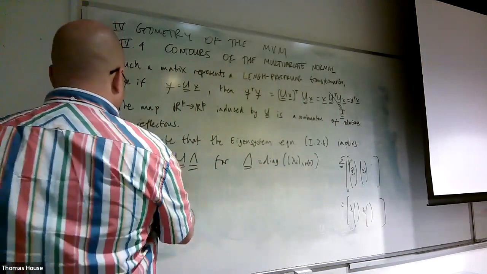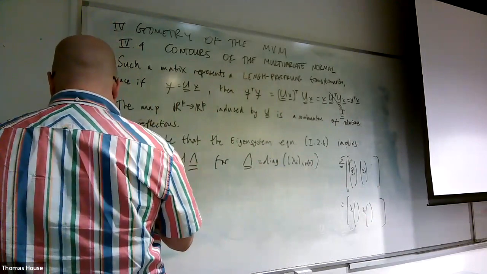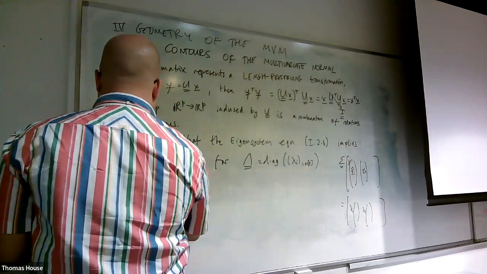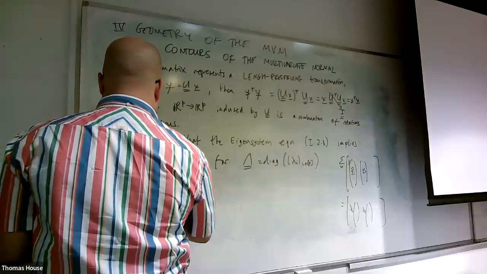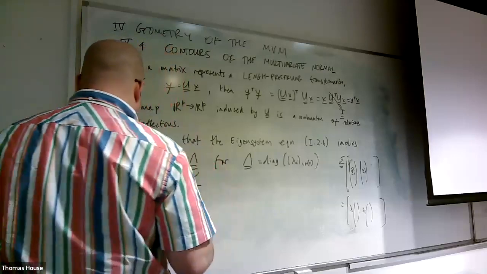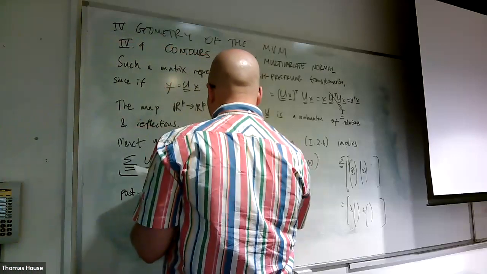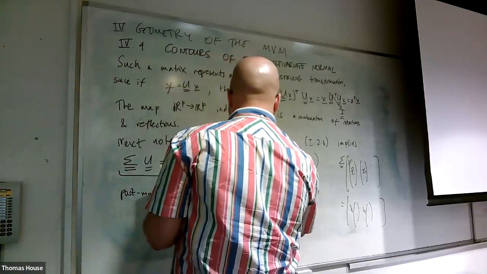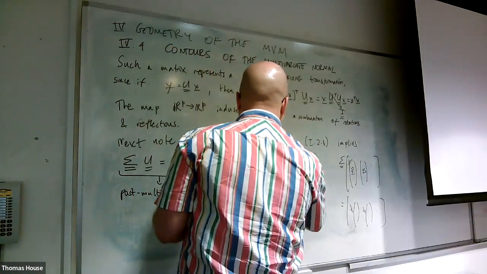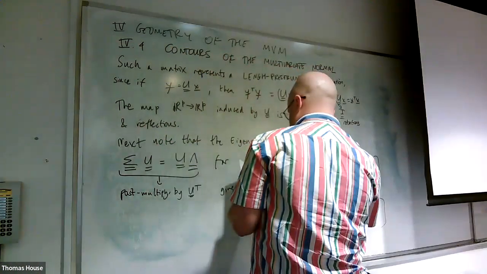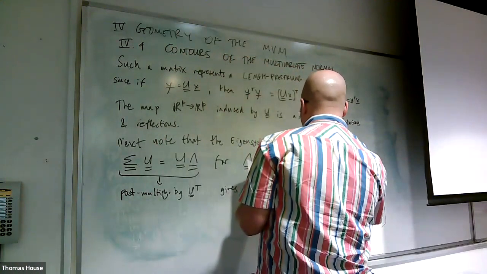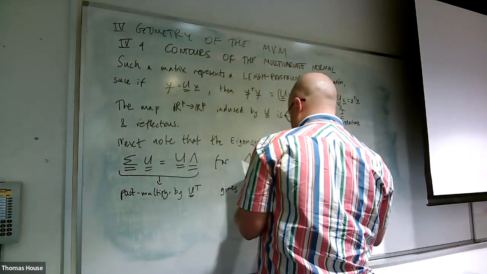So if we post multiply this equation by U transpose, that gives sigma U U transpose, that's I, so sigma equals U lambda U transpose.